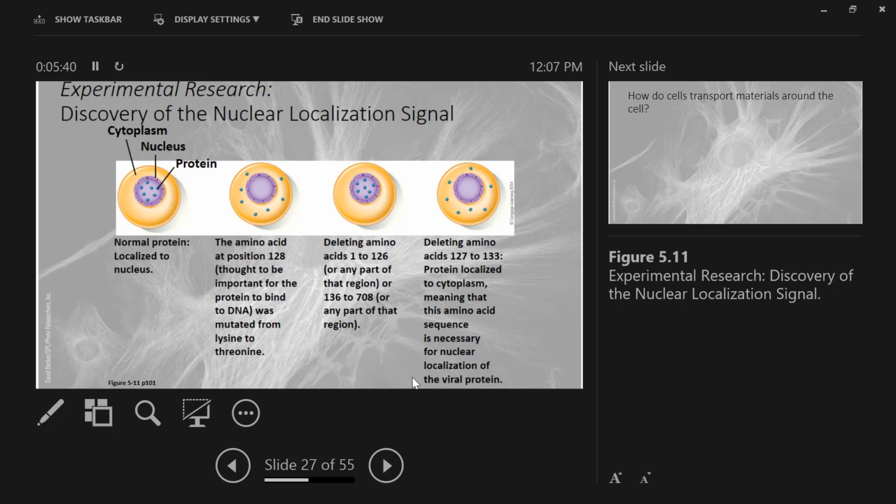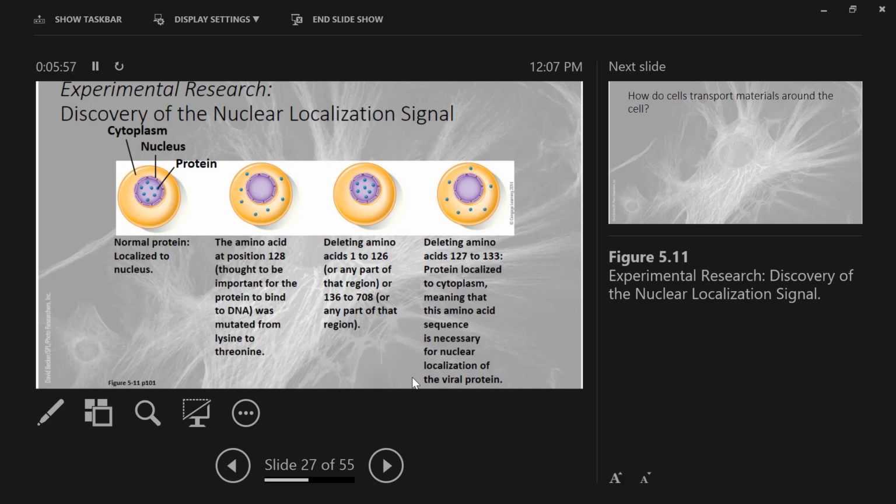And so basically what they found is when they mutated a protein or a gene so that it changed the protein at a very specific place, the protein functioned, but it didn't get to the nucleus. Okay?